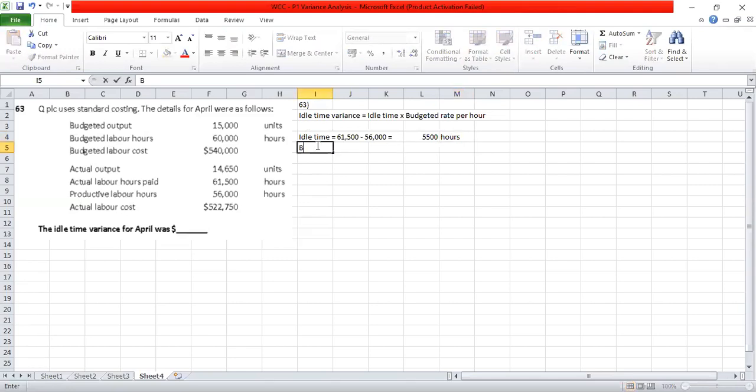Budgeted rate per hour is equal to the cost, which is 540,000, and the number of hours is 60,000. So how much would the rate be?